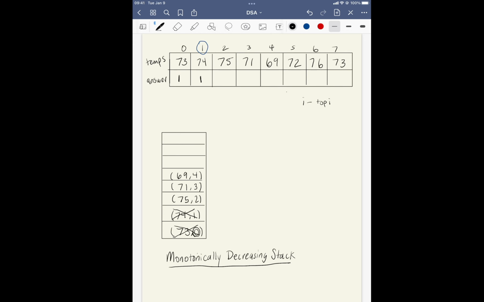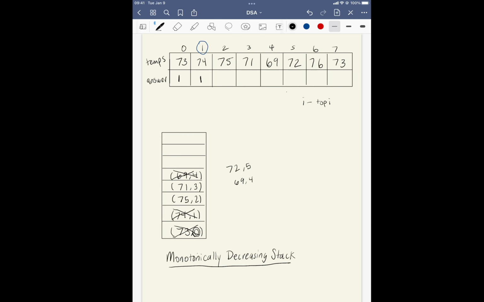Now we come to 72. Can we put 72 on the stack? No, because now 69 is less than 72. So if we put 72 on the stack, it wouldn't be always decreasing. So we're going to need to pop. So we pop off 69. 72 has an index of 5. 69 has an index of 4.